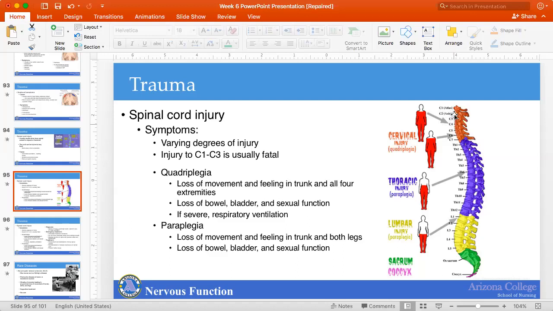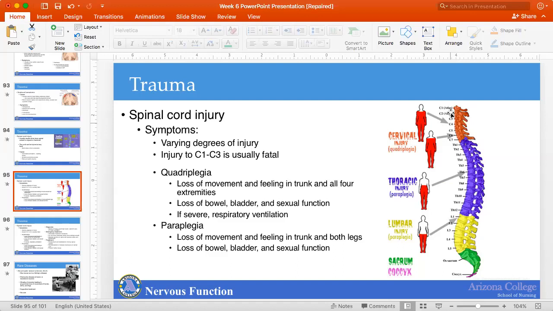I don't remember which level, but I think he was a C2 or C3. When someone has a spinal cord injury this high, they do have the ability to shrug their shoulders, and that's because of the ability to shrug your shoulders, or your traps.